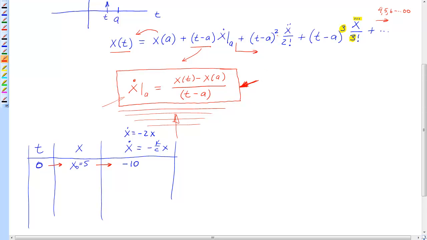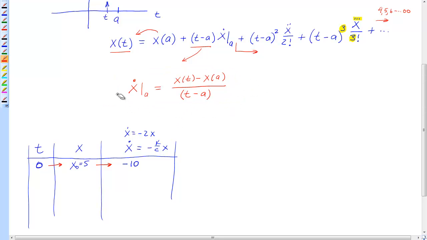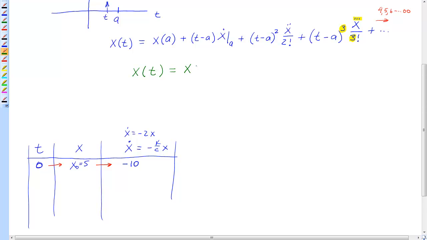Now, how am I going to get this? Well, let me go all the way back, make this space available, and then take a look at this. If in fact someone were to give me a value of x at time A, let's just take our first instant. Time A will be 0.